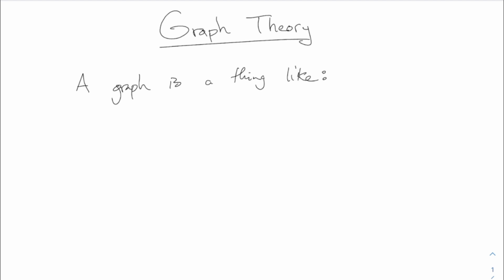So graphs are fundamentally pictures that are impossible to type out if you're trying to do it live while I'm doing it. But anyway, a graph is a thing like this. It's sort of dots and lines that are connected in some specific way. All right, this is a typical graph. It has dots and lines in some kind of arrangement. And graphs are incredibly useful in all kinds of scenarios in mathematics and in regular life, I suppose.